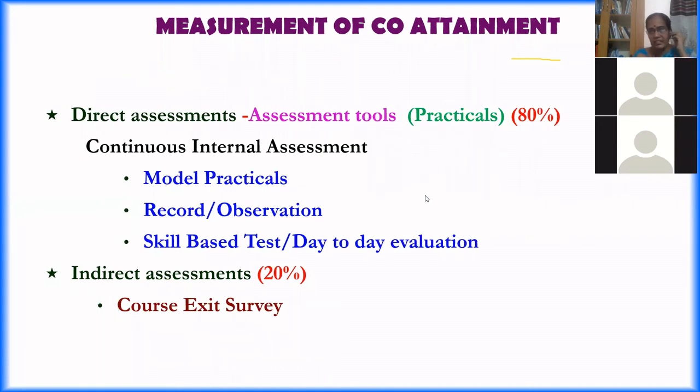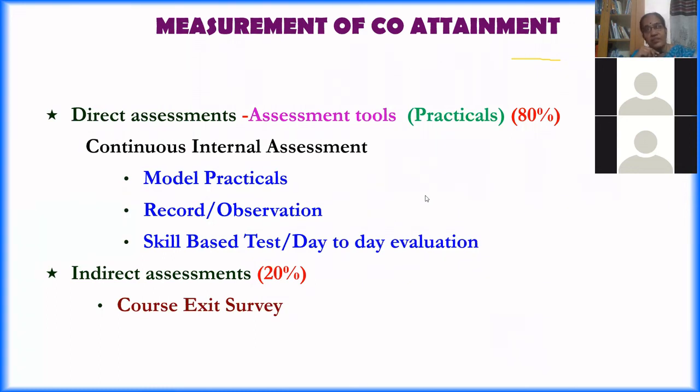For practicals, it is very difficult to calculate for the end semester examination, because the experiments will be allotted randomly. They will select the experiment by themselves. They are not CO based.